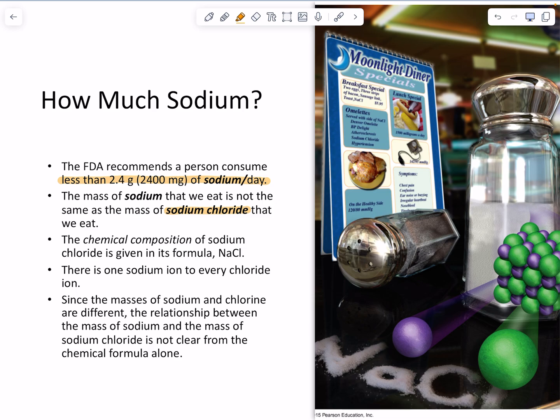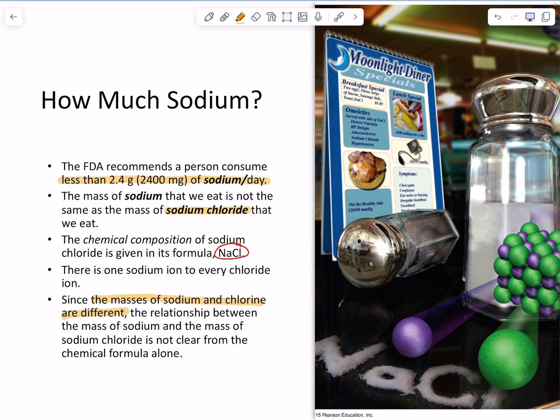If I take 10 grams of sodium chloride, that does not equal 10 grams of sodium. Some of that 10 grams of mass is due to the chlorine. So we can figure out how much sodium is in 10 grams of sodium chloride if we know the relative masses of sodium and chlorine. Remember, the masses of sodium and chlorine are different.